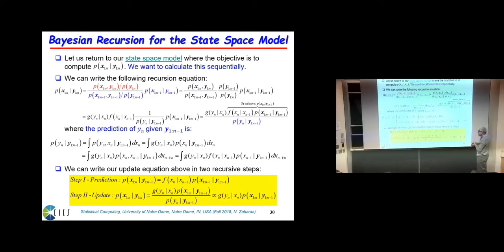And then you say now, if I want, given all my data, to update x1 to n, the only thing you have to do is take this predicted distribution and multiply with the observation model at yn, at time n, and that's it. Okay? So these two equations are actually the most popular recursive equations in state space models.